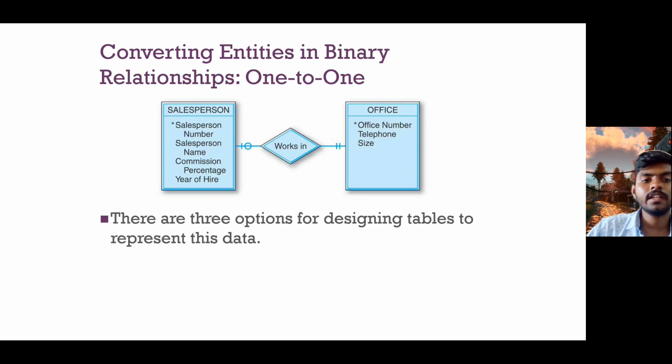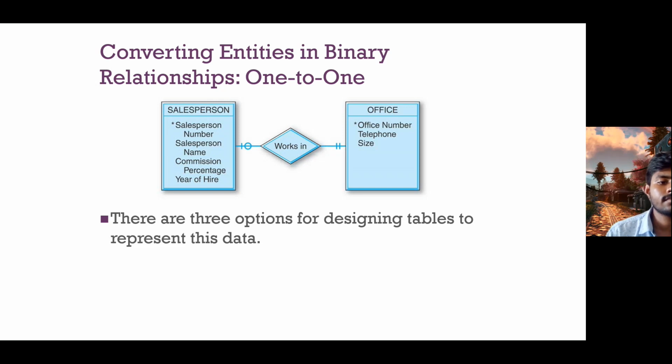Now, converting entities in a binary relation of one to one. If the salesperson entity is connected to the office entity in a one-to-one relation, we can convert this one-to-one relation into tables like this.